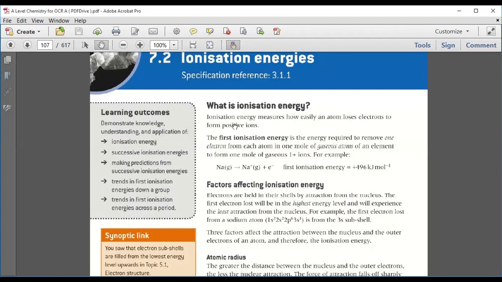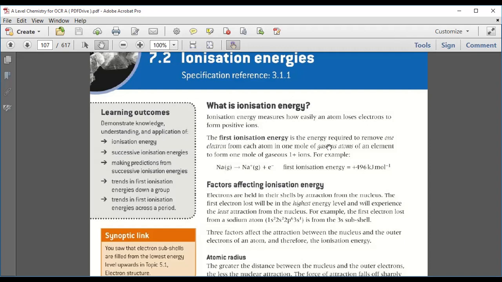The first ionization energy is the energy required to remove one electron from each atom in one mole of gaseous atoms. It is impossible to take one atom and remove one electron, because it is very, very difficult.